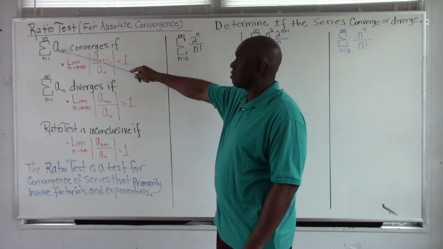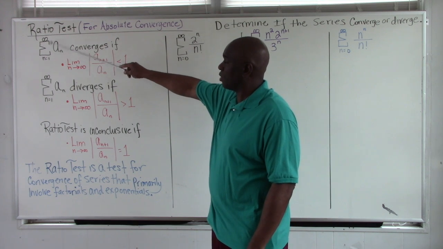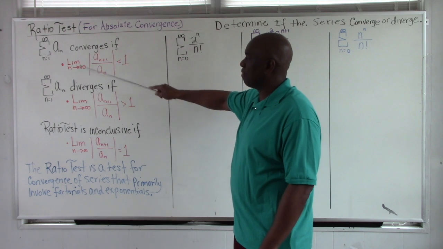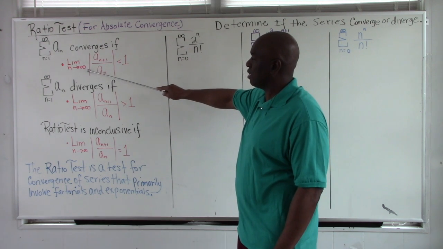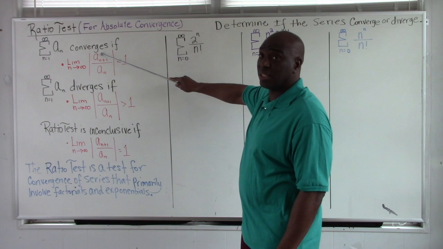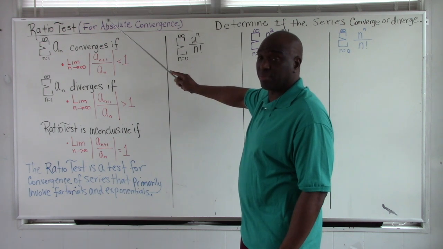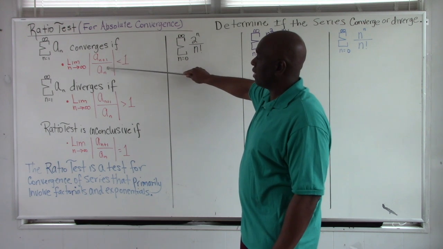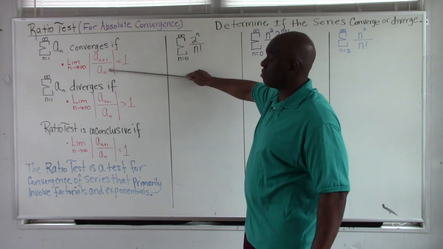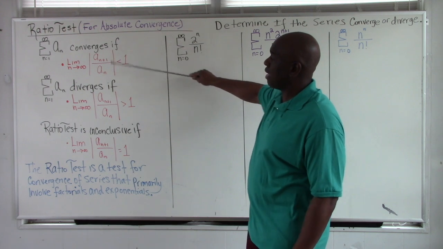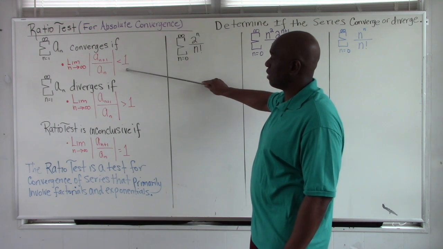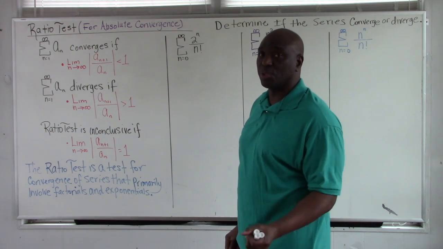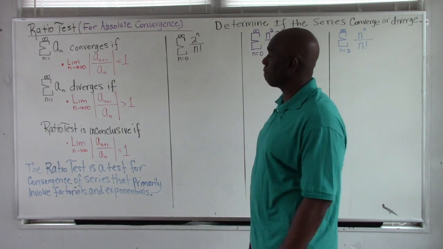The series a_n, as n goes from 1 to infinity, will converge if the limit as n goes to infinity of the absolute value of a subscript n plus 1, that's the next term in the series, divided by a_n, the actual sequence itself, is less than 1. If this is true, then the series will converge.